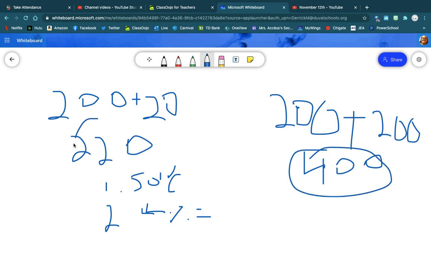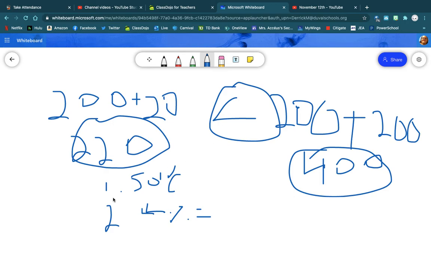So what symbol would go in between them? My alligator wants to eat the bigger number, so he's going to face this way. It's one of those two-step problems.